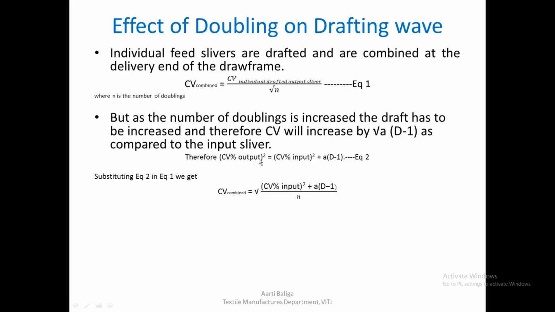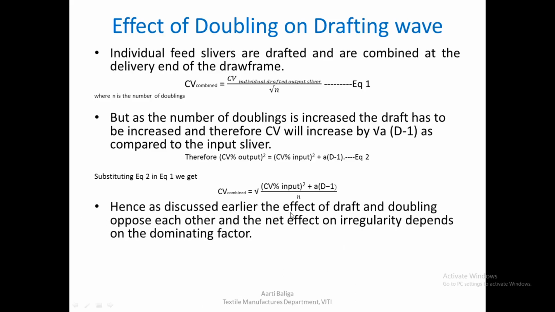So when I put this value here, the CV of the output sliver would be root of this entire formula given here, divided by root of n. So the combined formula would be: CV combined is equal to the entire square root of CV input square plus A into D minus 1, upon n.